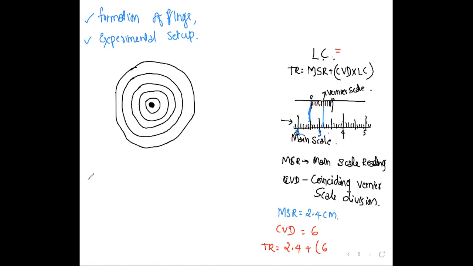Least count LC is equal to S divided by N. Do you know it?